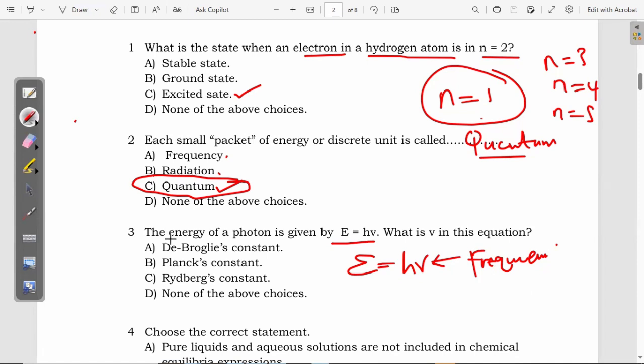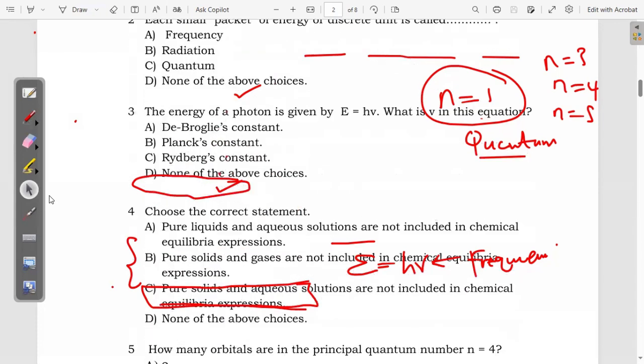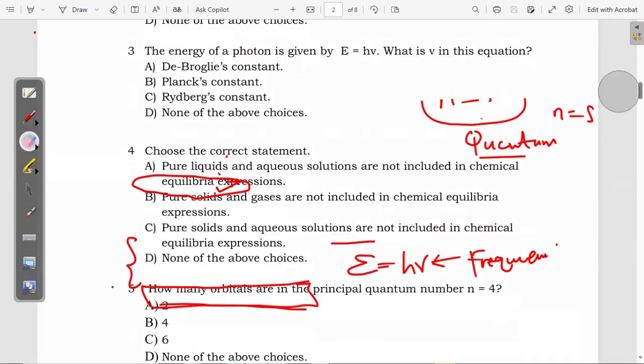The options are de Broglie's constant, Planck's constant, Rydberg's constant, and none of the above. Here we pick none of the above, because this V represents the frequency, and we can't see it in the options. If you have any questions, please ask. Otherwise, I'll move to question 4.